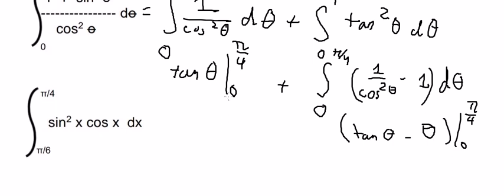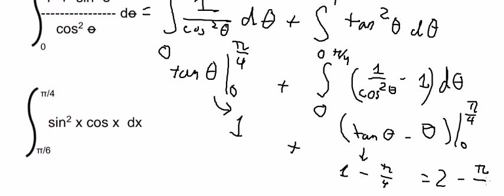We input the bounds in here, so this one you get 1, this one you get 1 minus pi over 4. We add these together and you get 2 minus pi over 4.